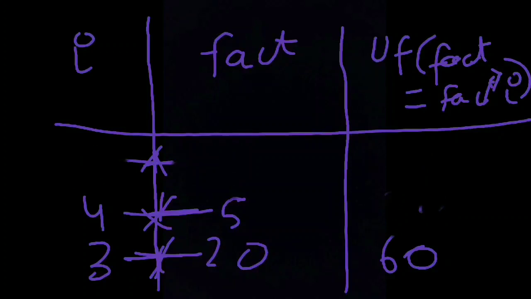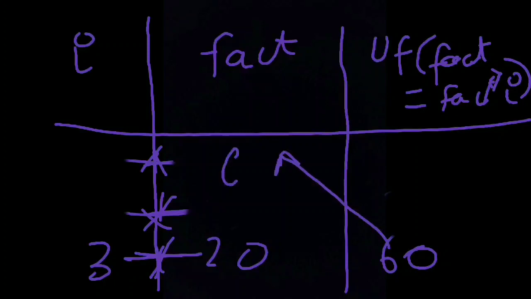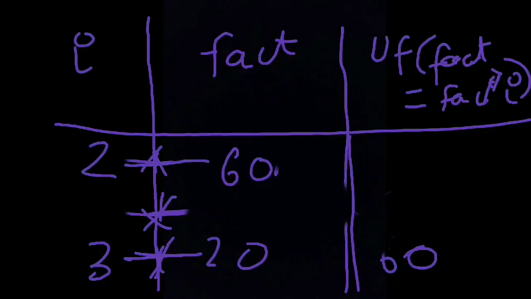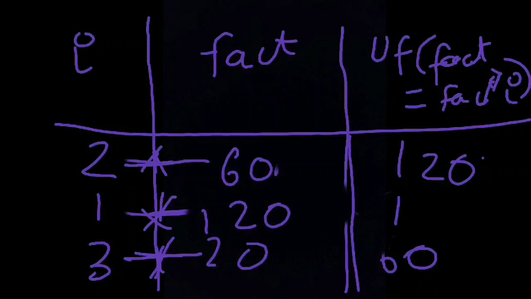Now what are we going to do further? See, 3 is also greater than or equal to 1, so the loop will keep on going until I reaches 1. So the value 60 will be placed here, and I has decremented again, I value has become 2, we'll multiply them, answer becomes 120, we store this again in fact, and finally I has become 1, fact is 120, we multiply them, 120 is the answer.